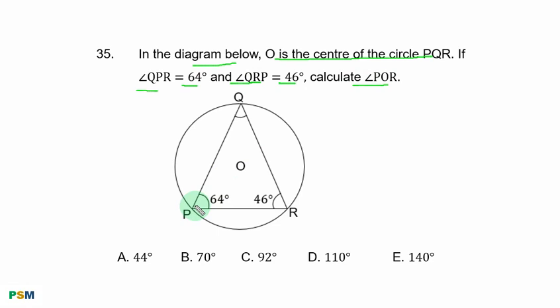You simply join this point to the center to this point. You are to get this angle. Before then, this angle is needed. You have to add the 3 angles in triangle PQRO to get the third angle. And this angle at center is equal to 2 times angle at circumference.